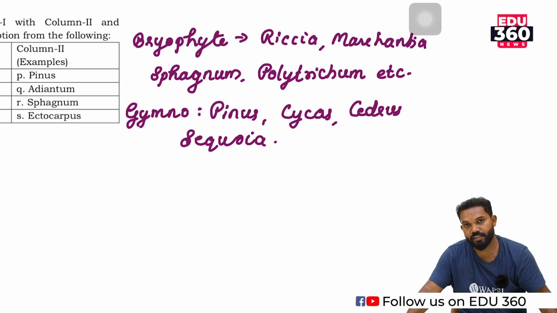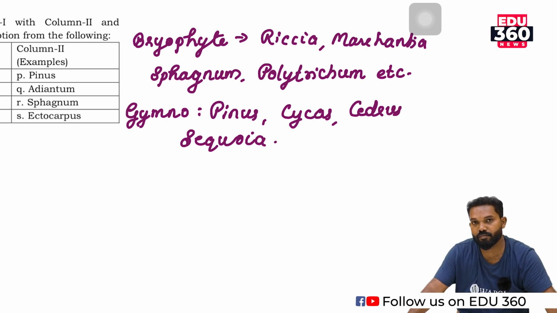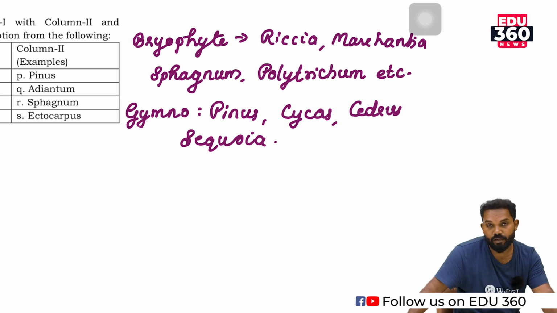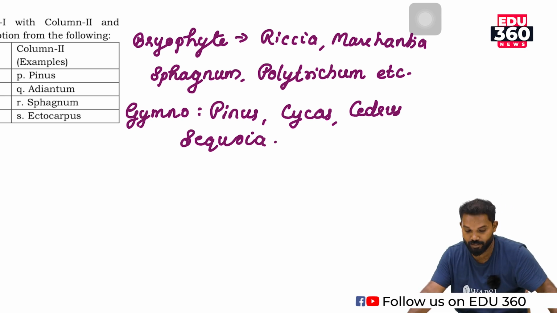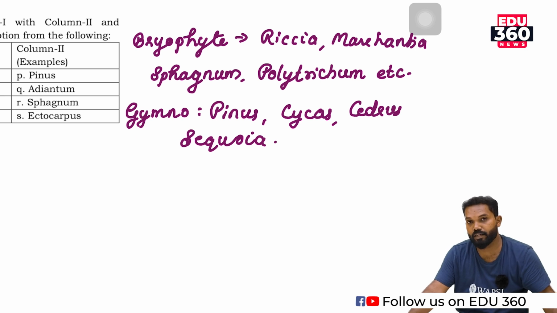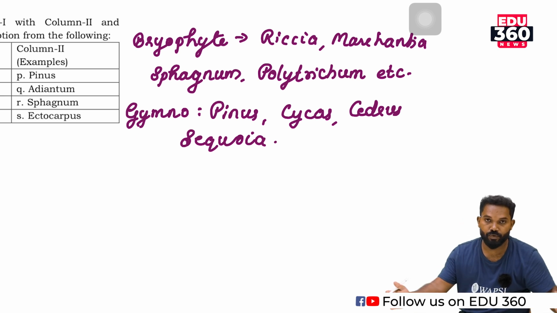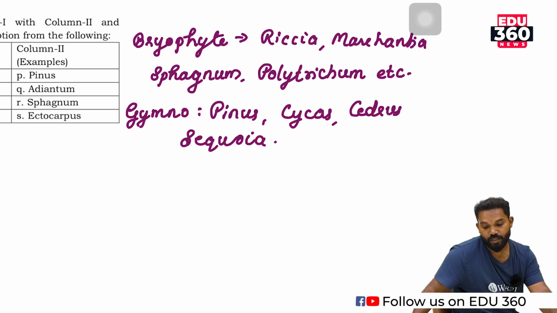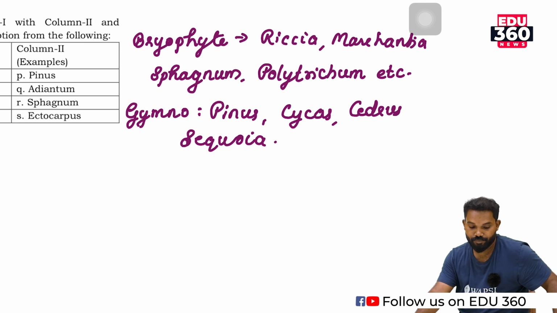The smallest one is Zamia, a garden plant, and the largest one is Sequoia, the giant redwood, more than 145 meters, the tallest plant. They are slow growing plants, and their lifespan is very huge. So they are gymnospermic plants.